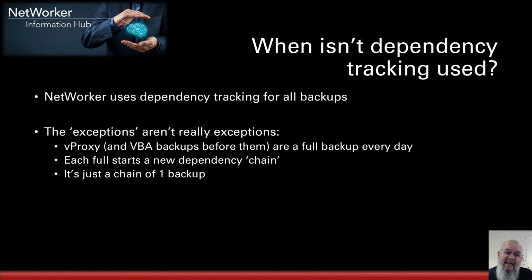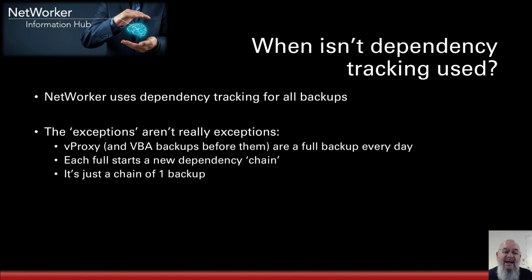Some people ask, are there scenarios where NetWorker doesn't use dependency tracking? And in reality, it actually uses dependency tracking for all backups that you do. There are some perceived exceptions, but those exceptions aren't really exceptions. So if you look at vProxy and VBA backups before it, for instance, they're considered to be a full backup every day because of the way that we write the backups.